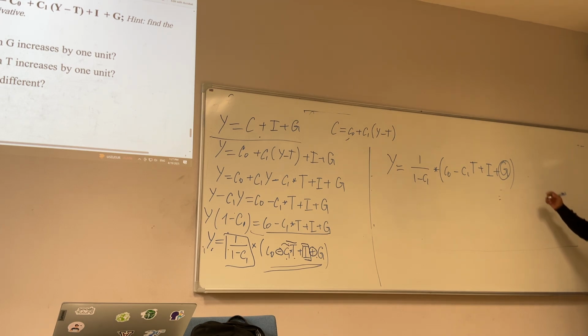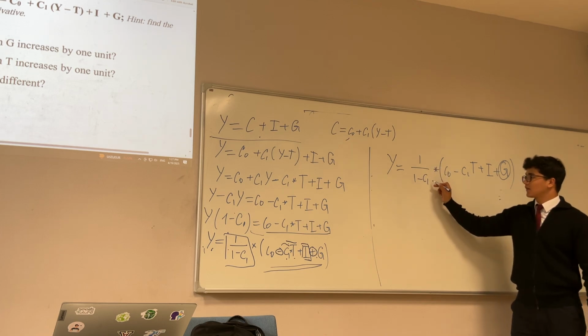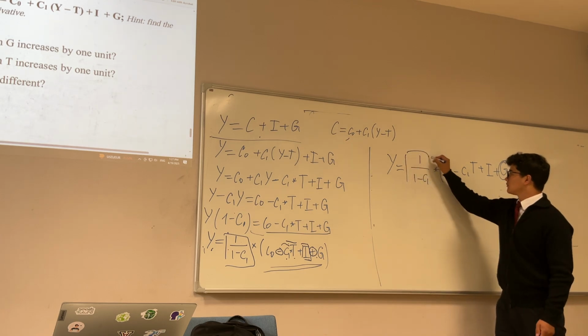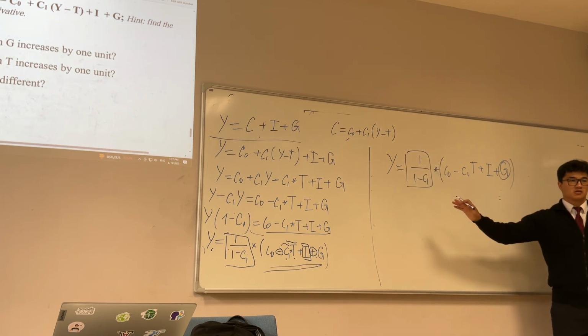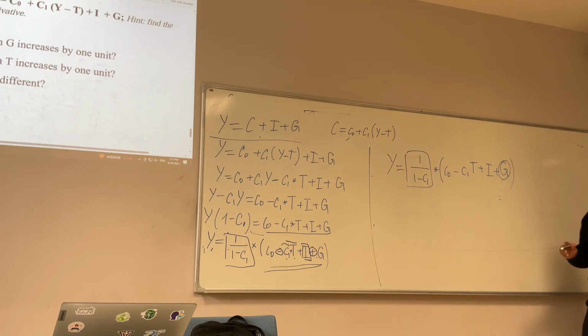So what we did there was find this ratio, the multiplier. Now we don't have C1, we just have this one, and we have an increase in this value.